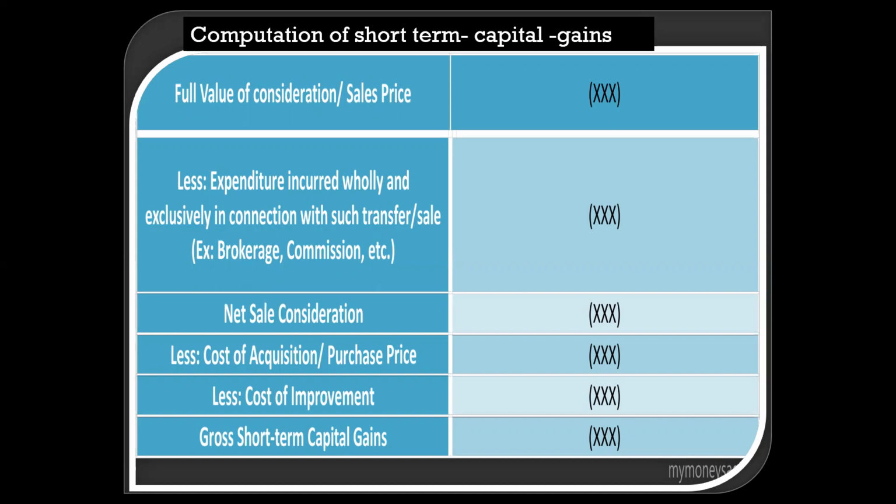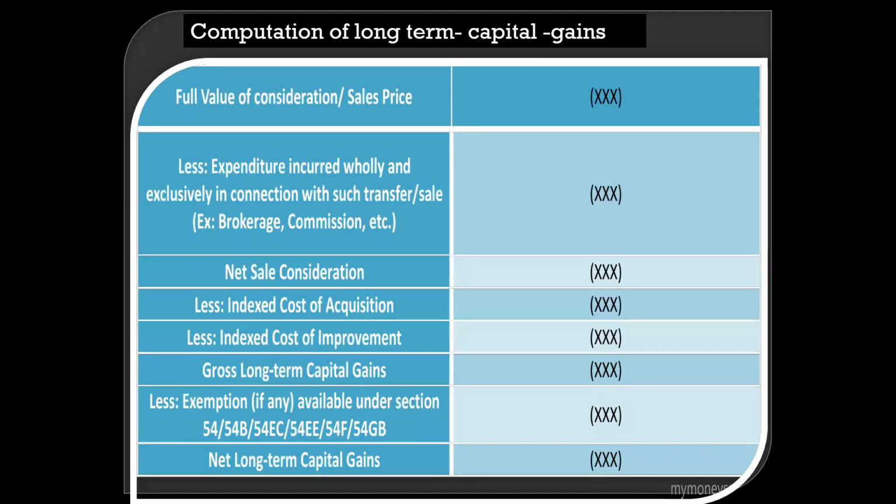After deducting it from full value of consideration, we get our net sale consideration. Then we have to subtract cost of acquisition, that is our purchase price, and cost of improvement from net sale consideration, and we will get our gross short-term capital gains.